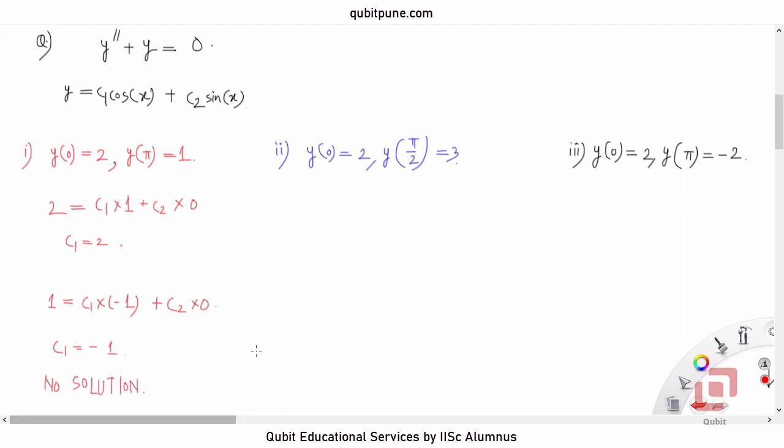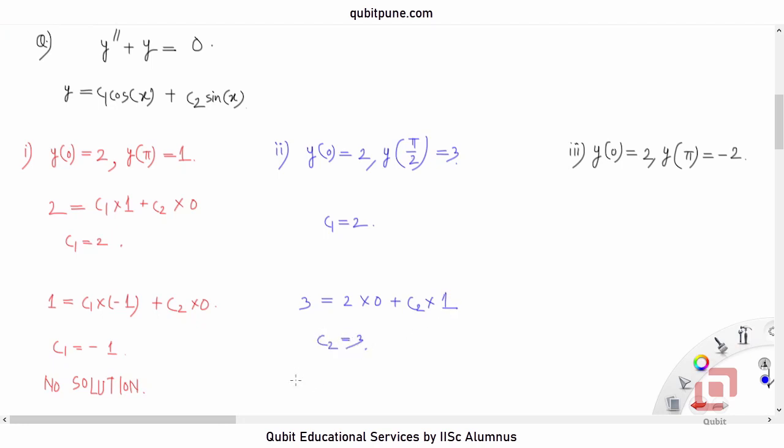Okay, so let's go to the second one now. y of 0 is 2, so c1 is 2. Let's take y of pi by 2 equal to 3. Now y of pi by 2 equal to 3 means 3 is equal to 2 into 0, because cos pi by 2 is 0, plus c2 into 1, because sin pi by 2 is 1. So this is giving me c2 equal to 3.